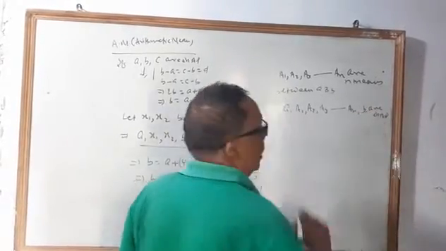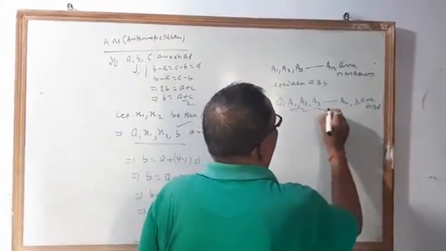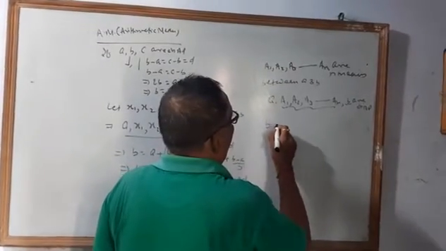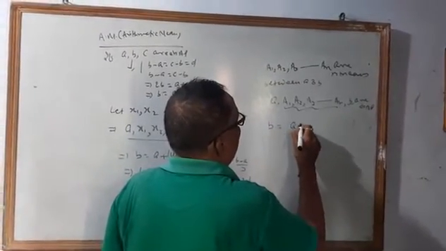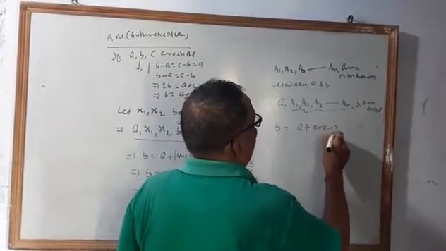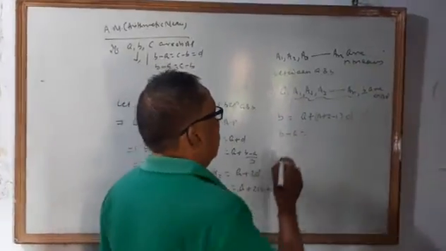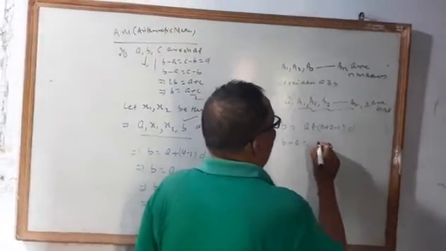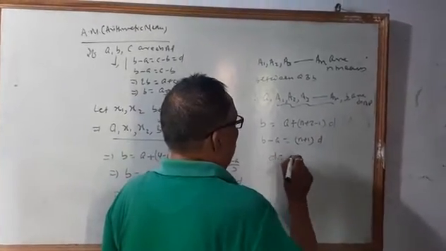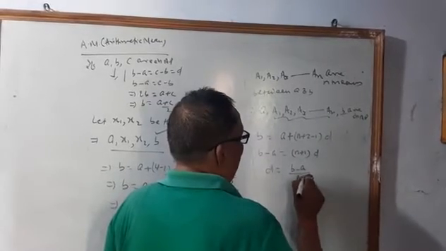If b is the last term, then the number of terms will be n plus 2. So b will be a plus (n plus 2 minus 1) of d. That means b minus a equals (n plus 1) into d. So d will be (b minus a) upon (n plus 1).